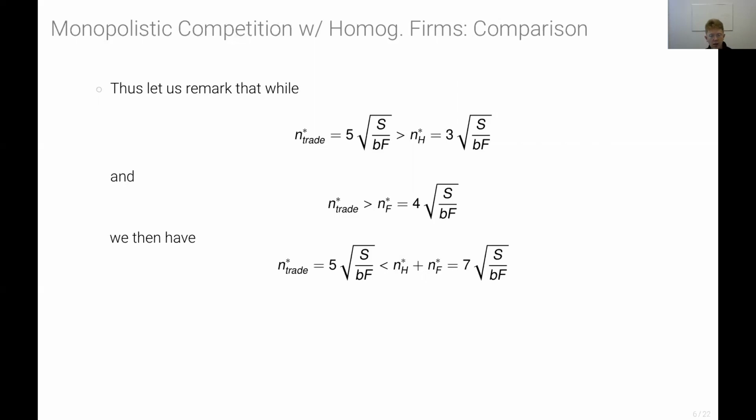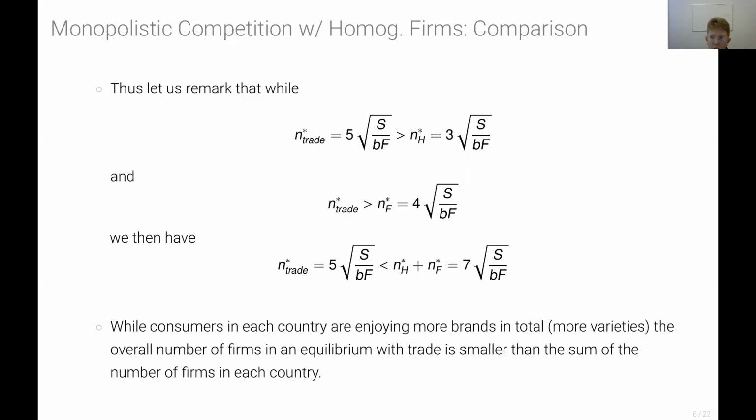However, if you add up the number of firms in both home and foreign in autarky, we had 7 times the square root of S over BF firms in total. From the perspective of one country, it didn't matter because you couldn't access firms in the other country. But we had more total firms initially, summing across both countries, than we do now in trade. So from the perspective of each country, we gain, but the overall number of firms is smaller.